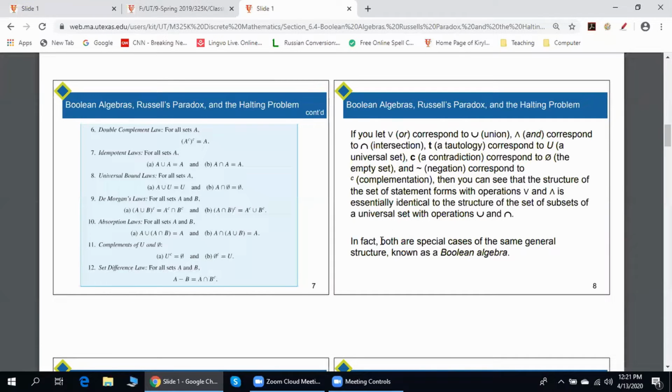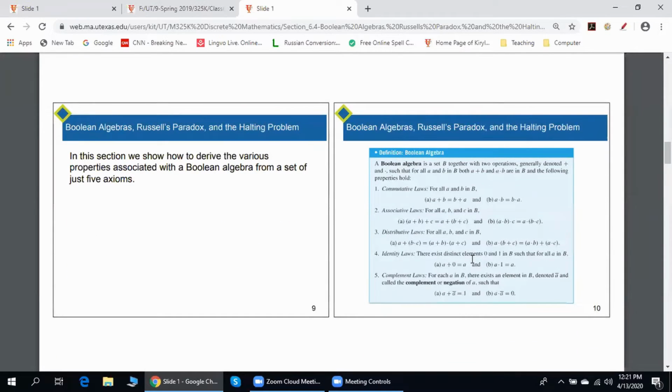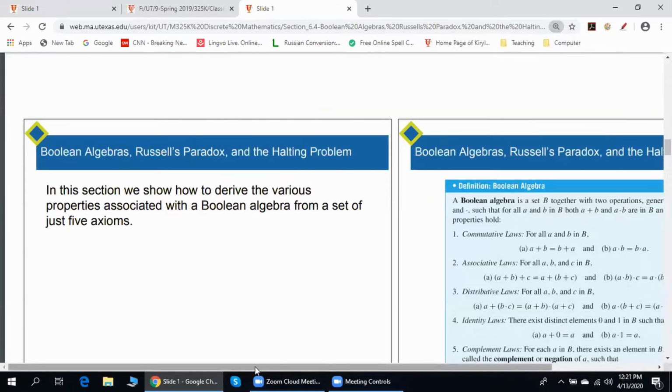In fact, both are special cases of the same general structure known as a Boolean algebra.